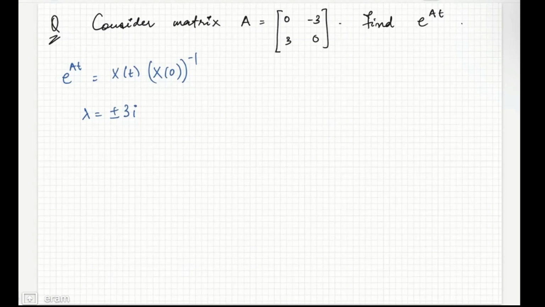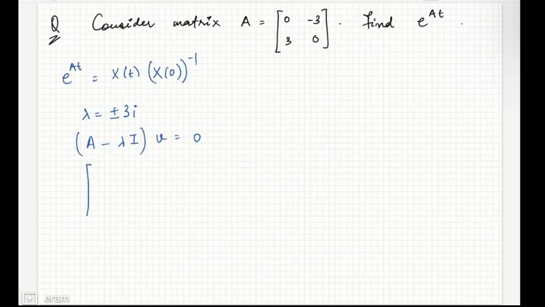Because complex eigenvalues always occur in conjugate pairs, we can pick any one, and we have to find A minus lambda I, the same way as we did earlier. So let's take lambda equals to 3i.